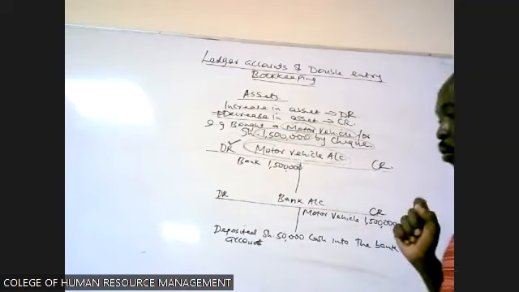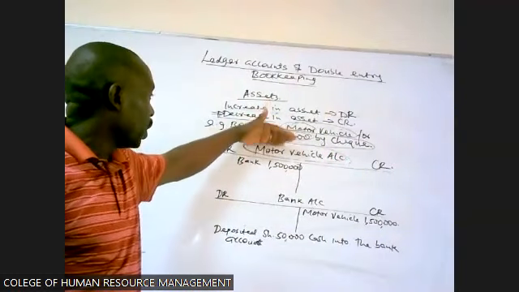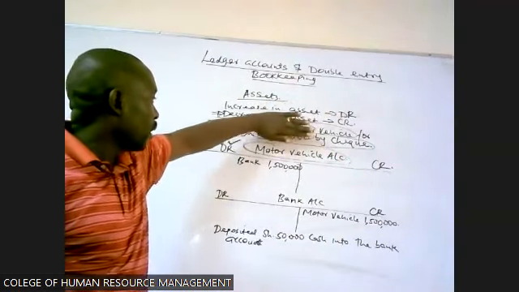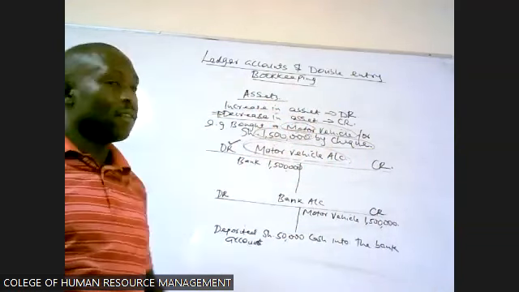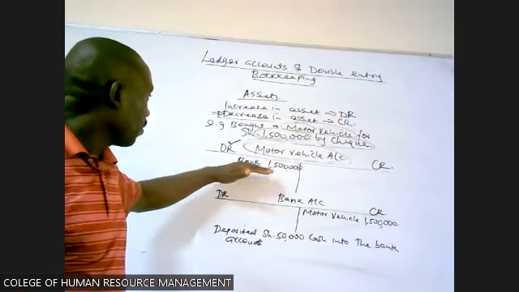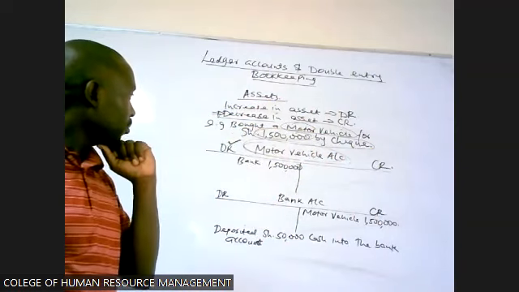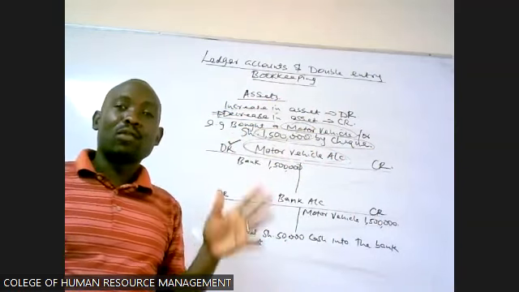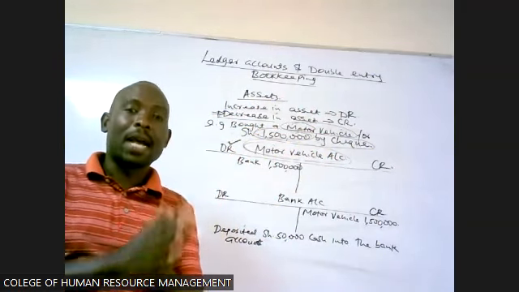So the moment I look at it like this, even without this information, if I'm just presented with this account and this account, I can comfortably say that the motor vehicle account has been debited, meaning that that motor vehicle has been acquired, and it was financed by money in the bank.